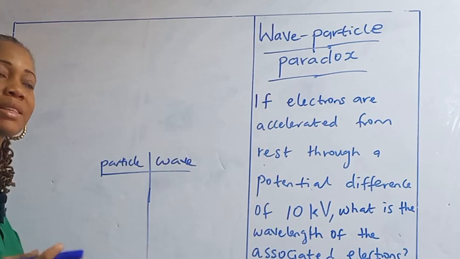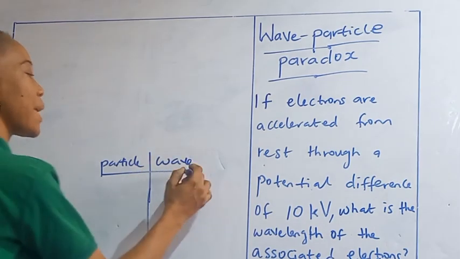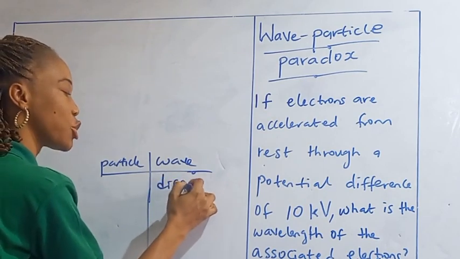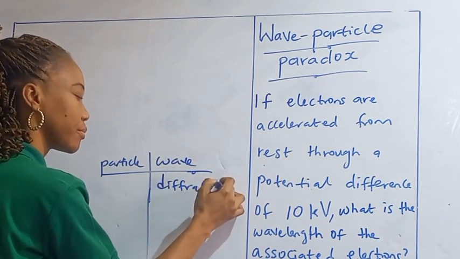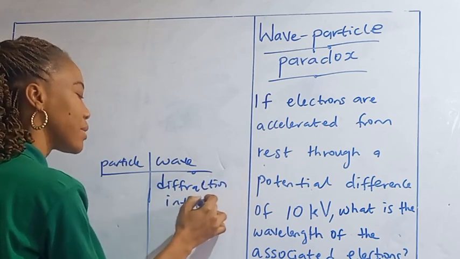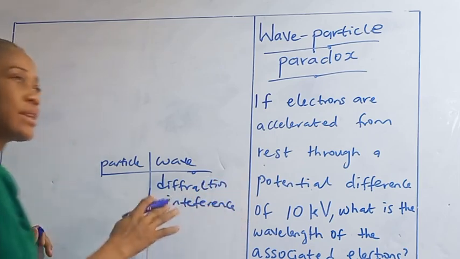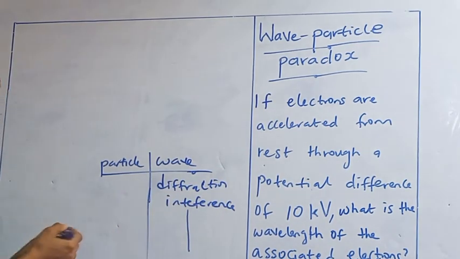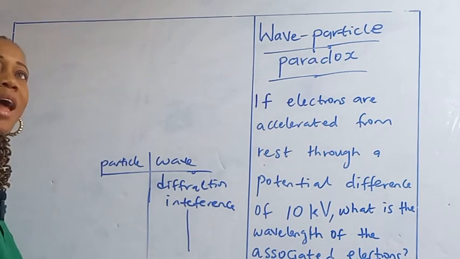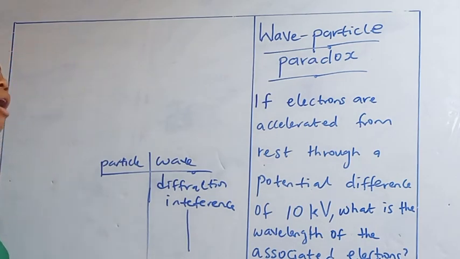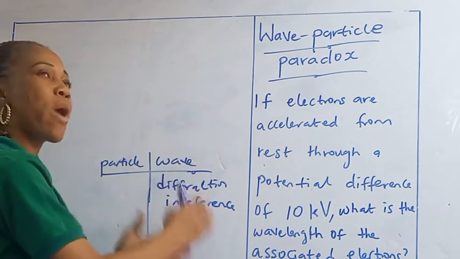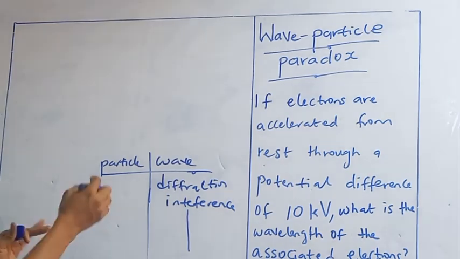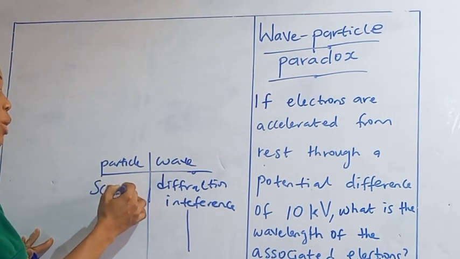There are properties that made us say matter behaves as a wave, such as diffraction, interference. You know the properties of waves. Under waves we have reflection, refraction. All these properties are wave-like properties. Now the particle properties is when we talk about scattering.